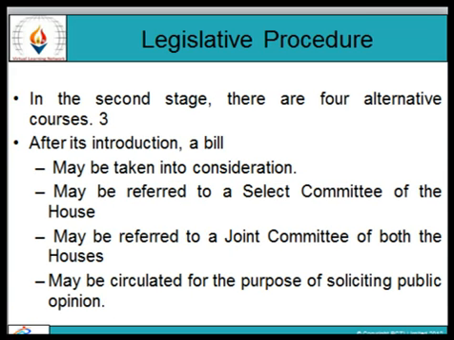In the second stage, there are four alternative courses. These are: after its introduction, a bill may be taken into consideration, may be referred to a select committee of the House, may be referred to a joint committee of both the Houses, or may be circulated for the purpose of soliciting public opinion.